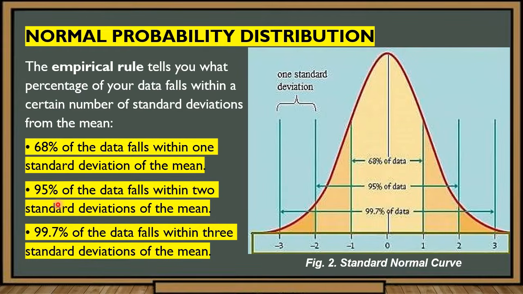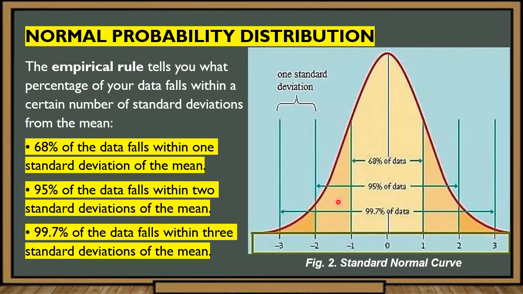Next, 95%. 95% of the data falls within 2 standard deviations of the mean. From the mean, we count 2 standard deviations: 1, 2. To the left, we also count 2 standard deviations: 1, 2. So from negative 2 to positive 2, just follow the arrow.